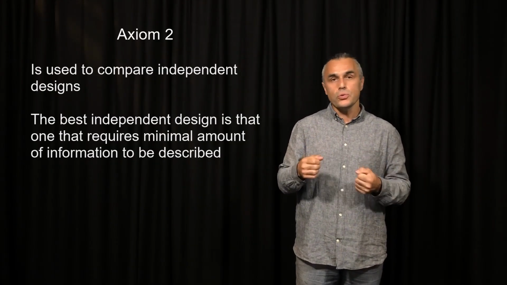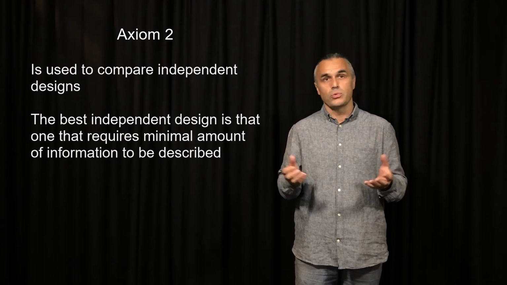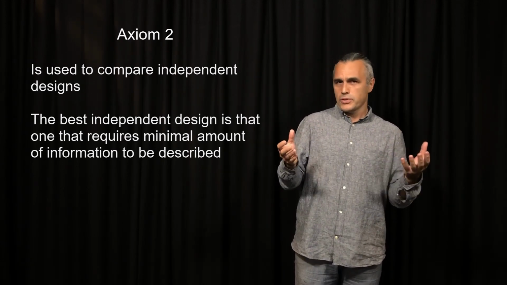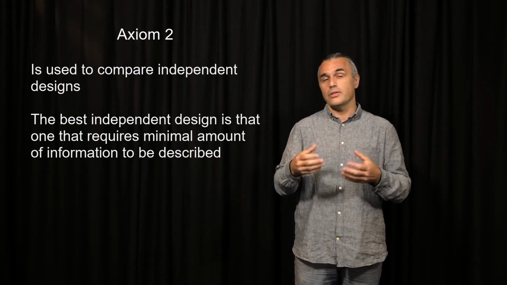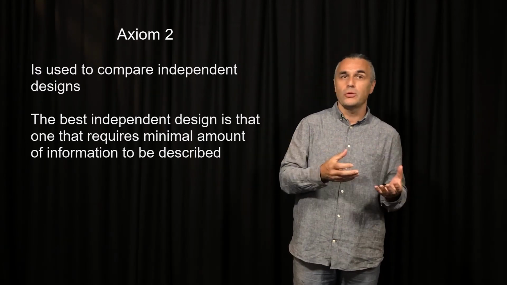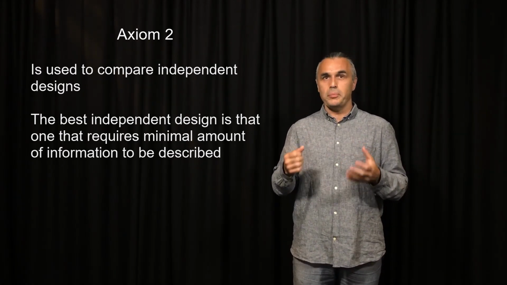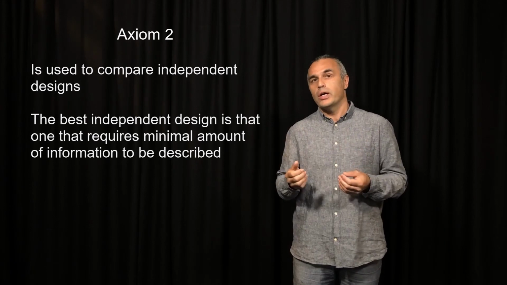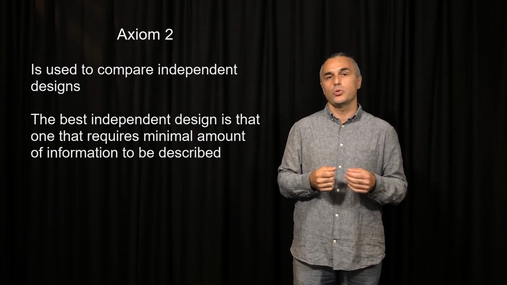The second axiom of Professor Suh can be used to compare independent designs. In other words, when multiple designs are found from axiom 1, then the best one could be chosen based on axiom 2. The best independent design is the one that requires a minimal amount of information to be described.